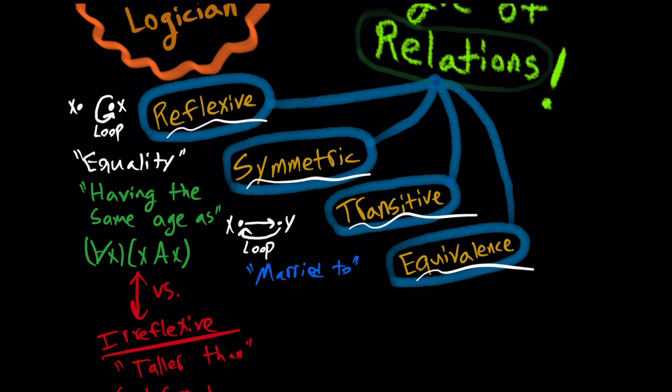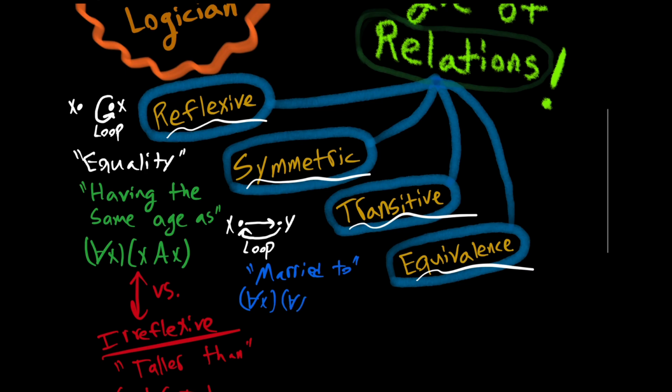And we can symbolize this as, for all x, for all y, here we have two things being related, x and y. So there are two quantified variables. So for all x, for all y, if x is married to y, then y is married to x.